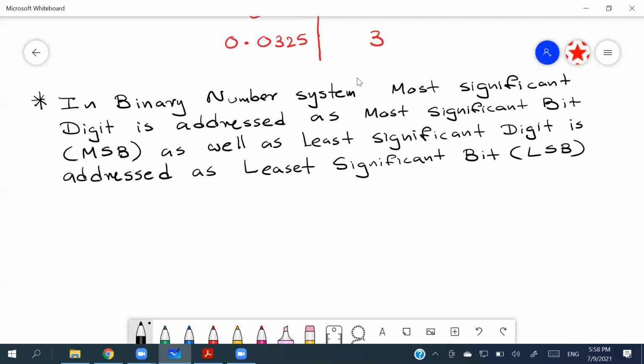So here we go. So write the topic saying conversions in between number systems.